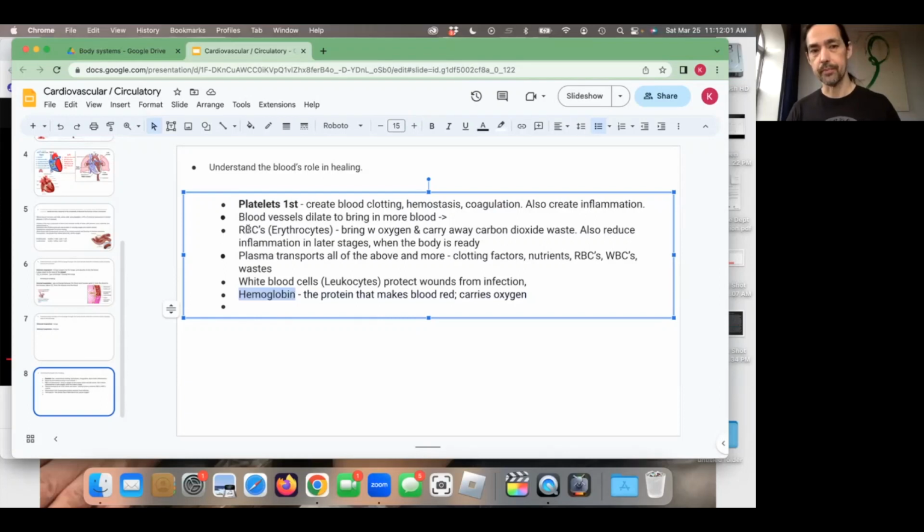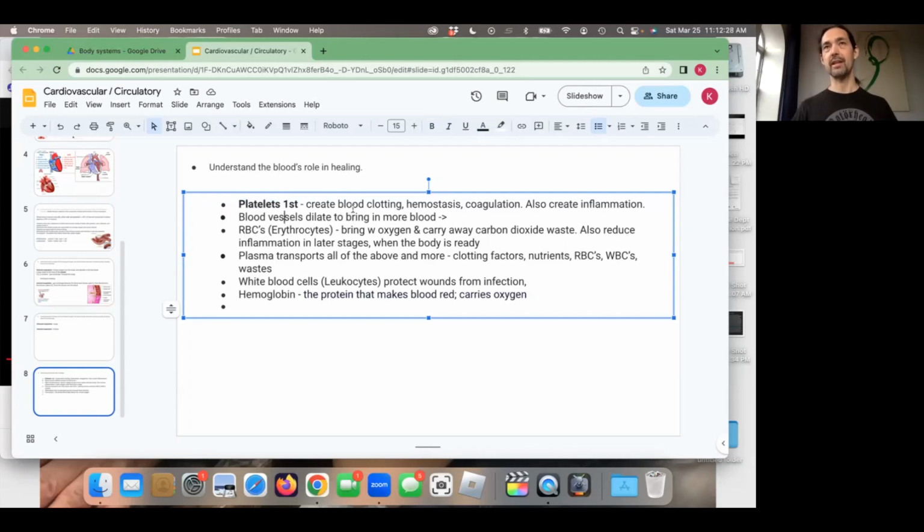And in healing, whether it is a muscle tear, which is a strain, or a ligament or joint capsule tear, which is a sprain, or whether it's a fracture or a bruise or a cut or an infection, the first response that has to happen comes from the platelets.